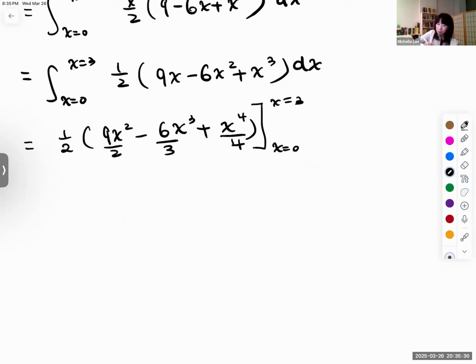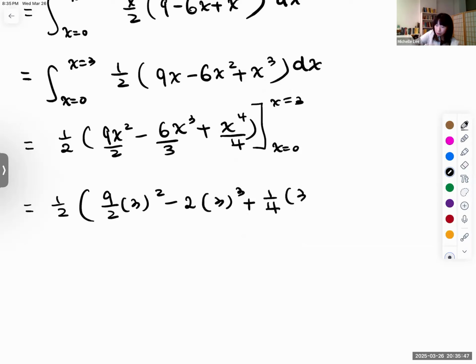Now 1/2 times, 9 over 2 times 3 squared, minus 6 over 3, which is 2, times 3 to the third power, plus 1 over 4 times 3 to the fourth power. Then the rest is 0, right? Can you please calculate?